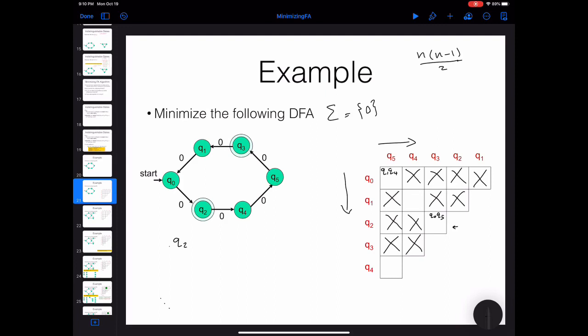From Q2 over 0, you are going to Q4. And from Q3 over 0, you are going to Q1. Okay, so the equivalency of this pair is also going to depend on the other pair Q1 and Q4. So I'm going to just write it down here.